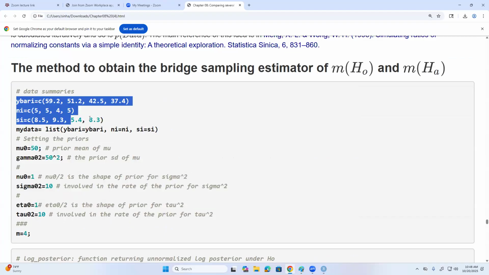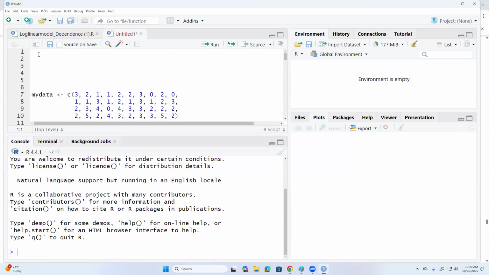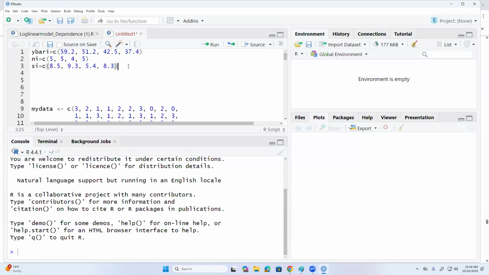Simply the data part is needed. The grand mean, y bar, is the sum of n_i times y bar i, divided by the sum of n_i. This is y bar.